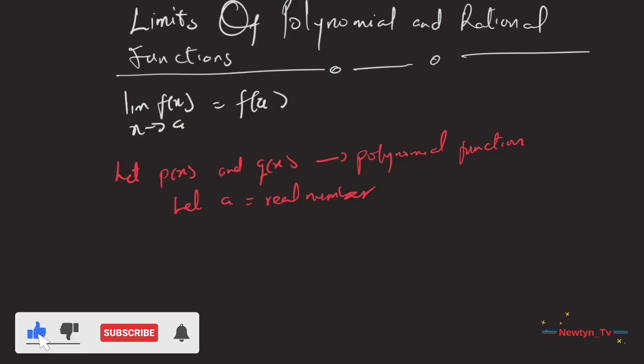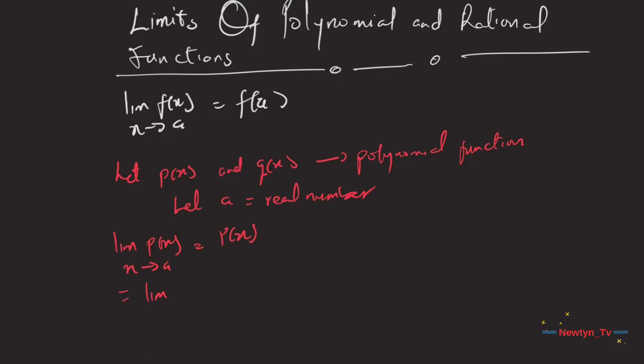If a is a real number, then we have the limit of p of x as x approaches a equal to p of a, which can be extended to the limit of p of x over q of x as x approaches a equal to p of a over q of a.